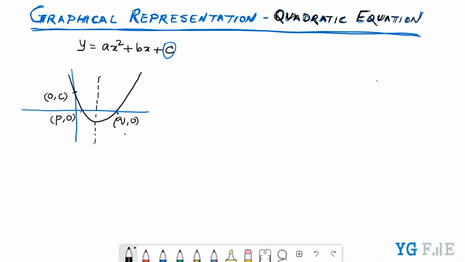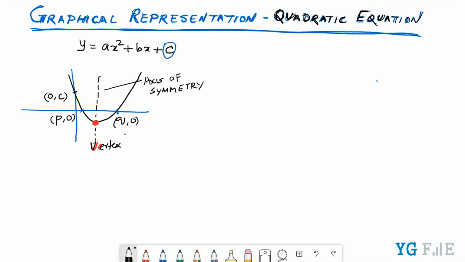This line of symmetry is also known as the axis of symmetry, and it has a special property: it passes through the vertex, or the lowest point in the parabola, and is parallel to the y-axis. We can label this as the vertex.